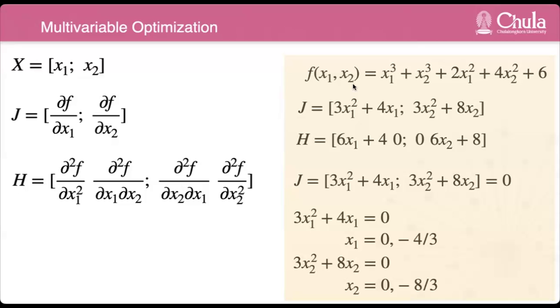And the element at row 2, column 2, the second row, second column, is the partial derivative of f with respect to x2 and x2. You see one thing: even in the Jacobian, I use a semicolon here. That means it's a column vector.